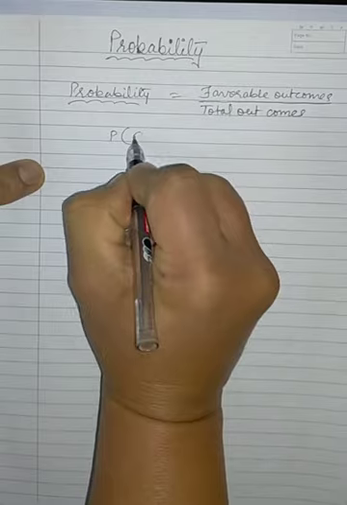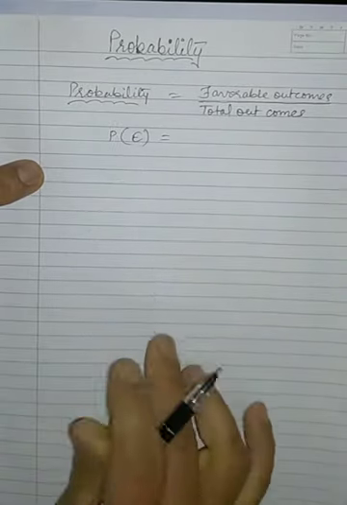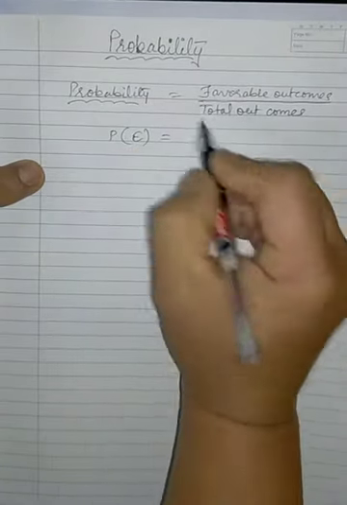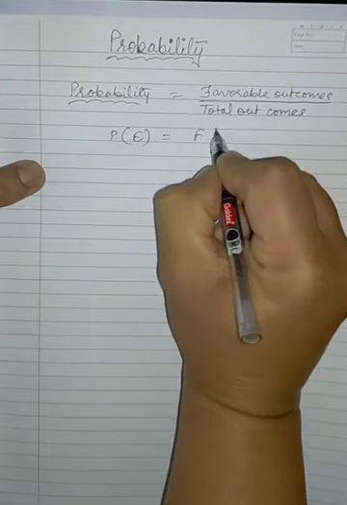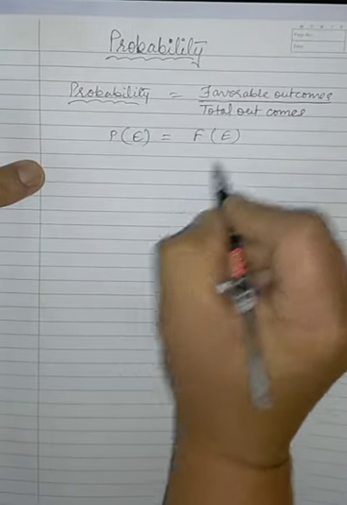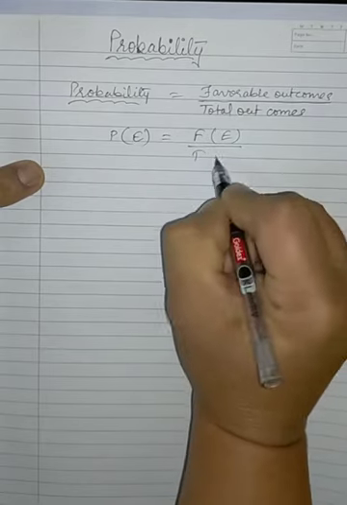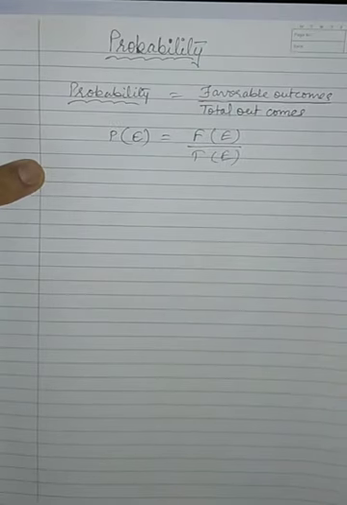In symbol form, we can write it as probability of the event P(E) is equal to favorable outcomes of the event F(E) upon total outcomes of the event T(E). E is the event. So, in this way, we can formulate probability.